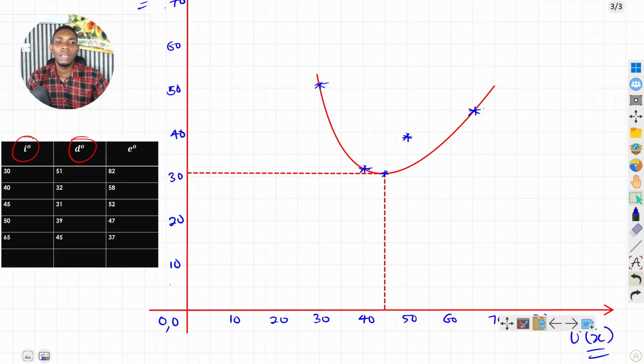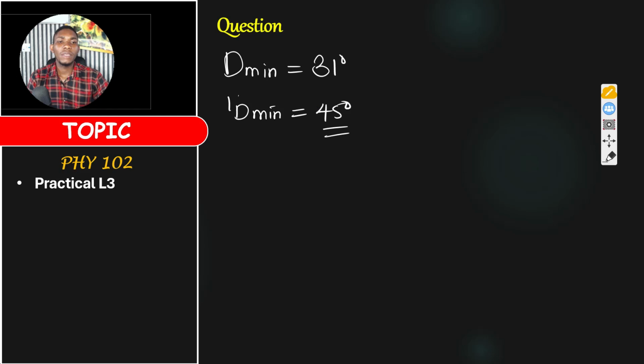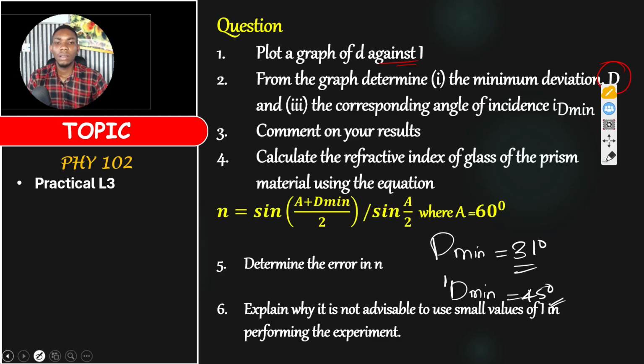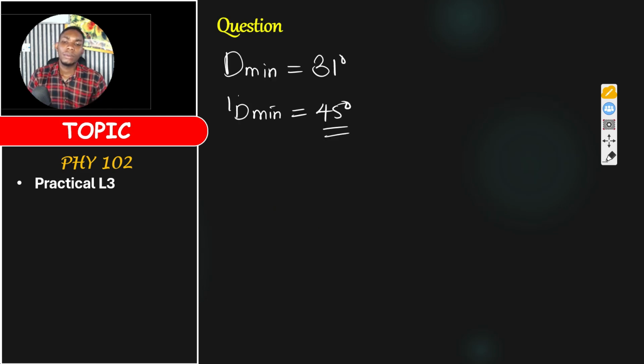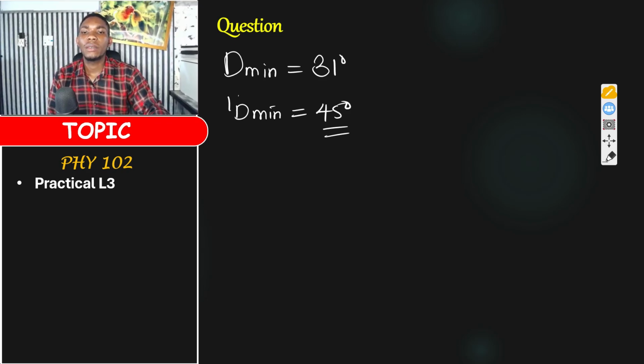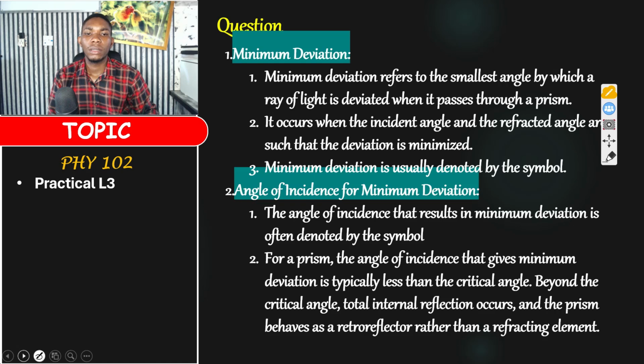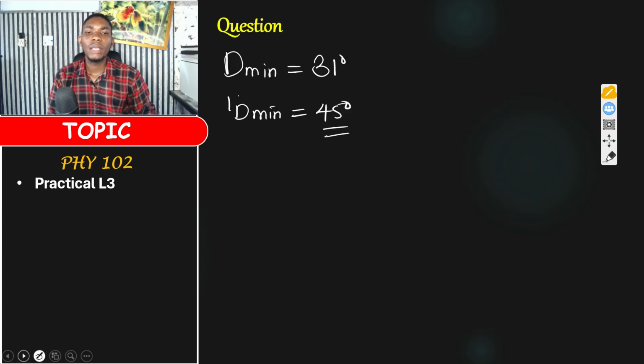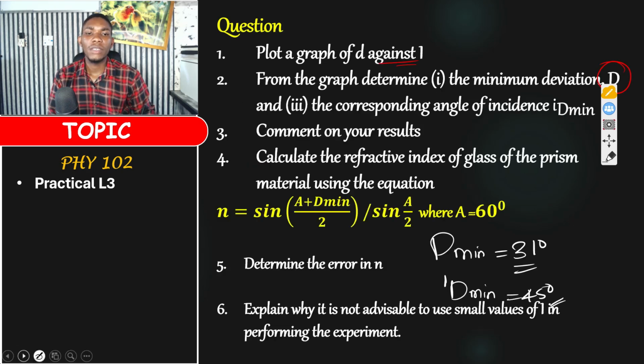All right, is there any other thing we need from this graph again? I don't think so. All we need is comments on your result. Now the next point we have here is comments on the result, right? If you want to comment on the result, these are some comments that you can make.